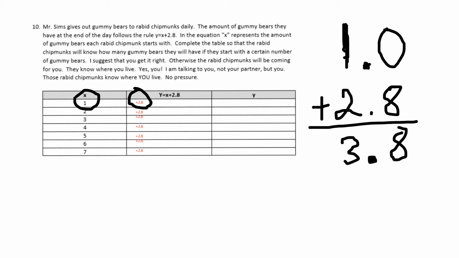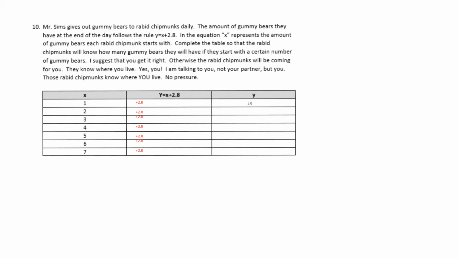I'm just going to go ahead and put that in the chart. So that's really good news. We already have one value for y. Let's do one more just to get further along. When x is equal to 2, once again I draw my 2 here, the question is, where is the decimal point on the 2? I ask that because I'm going to need to add 2.8 here. The decimal point's right here.